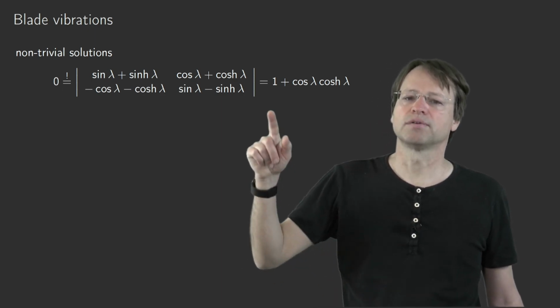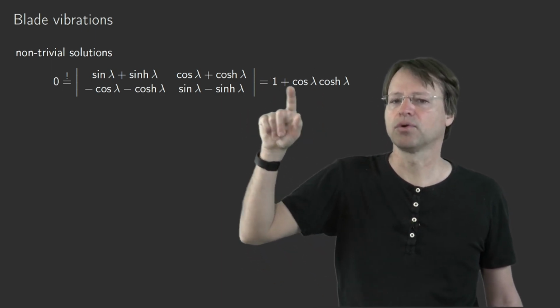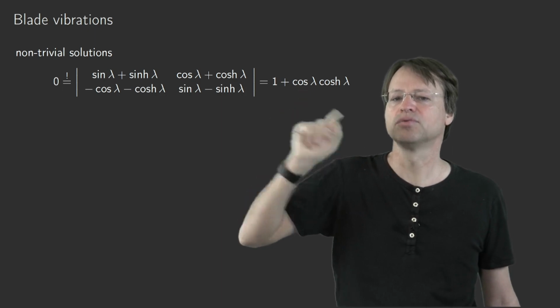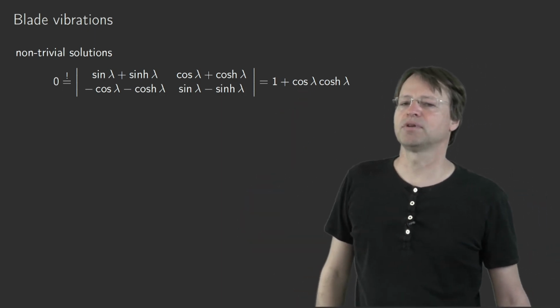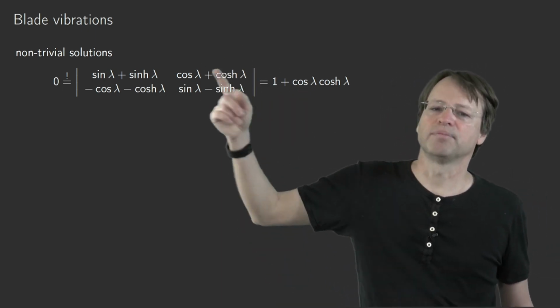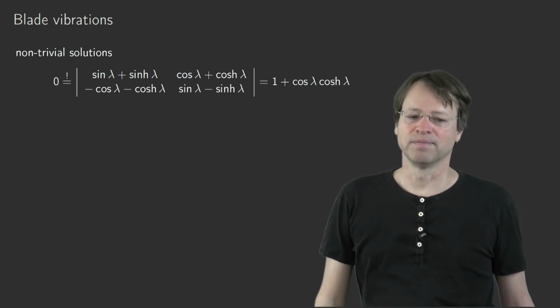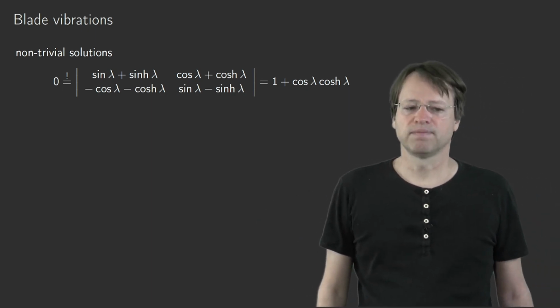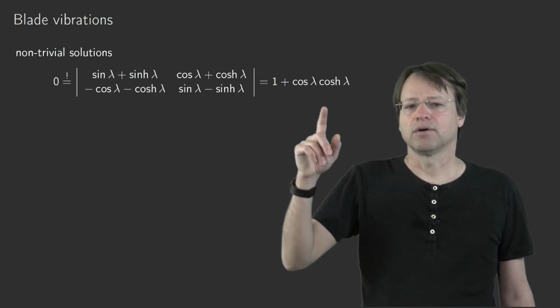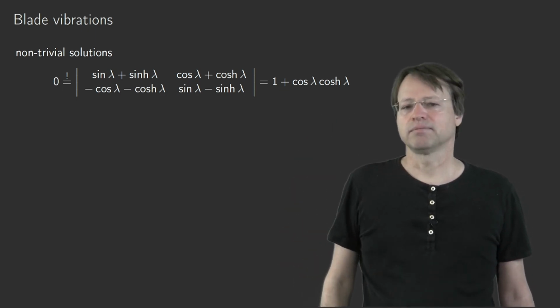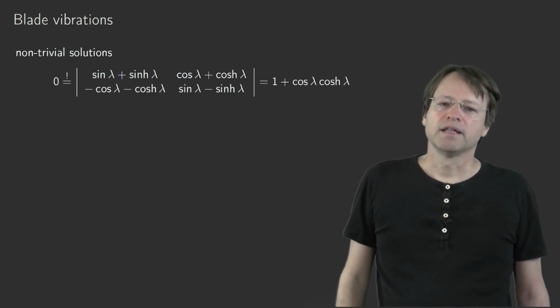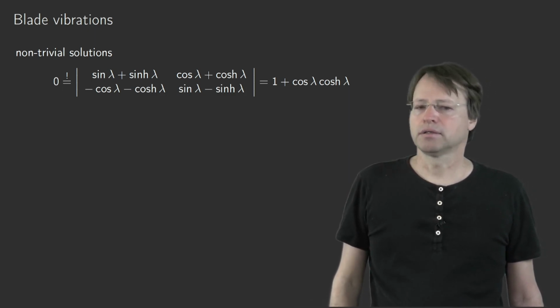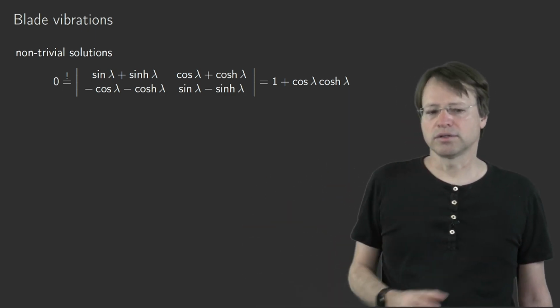So in total we will arrive at this result, which is therefore not correct. It's 2 plus 2 cosine lambda hyperbolic cosine lambda, and then you divide by 2 to get this result. And this would be a transcendental eigenvalue equation, and it has then also countably infinitely many solutions. They cannot be evaluated well analytically.